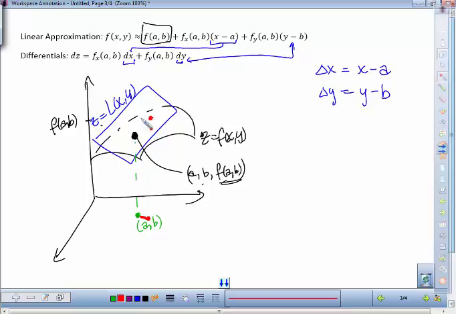So these are the two dots in the previous picture that we saw. One of them is on the surface, and the other one is on the plane. So let's call this point CD.